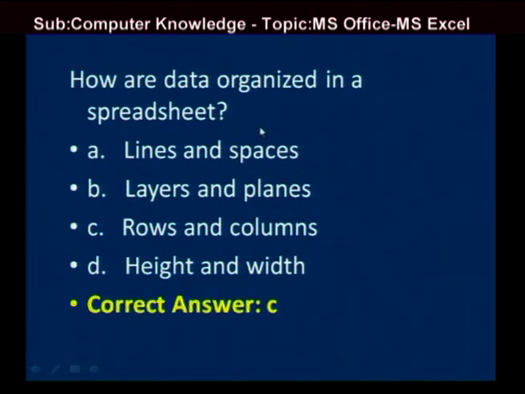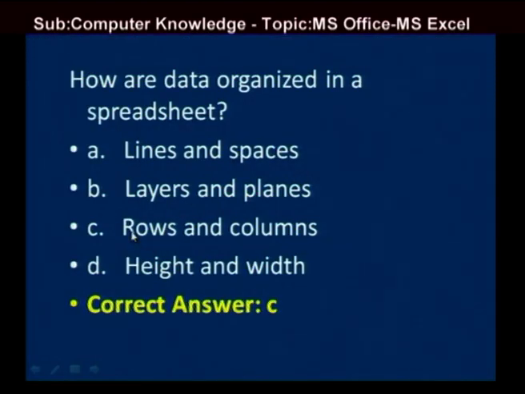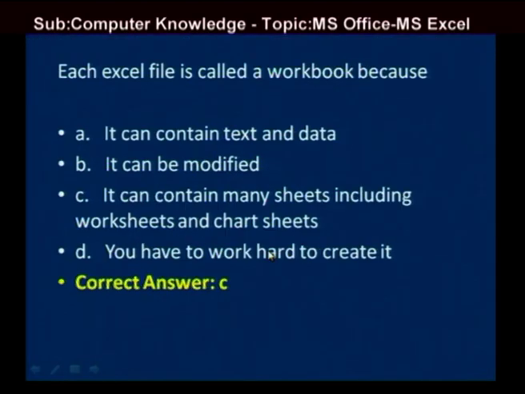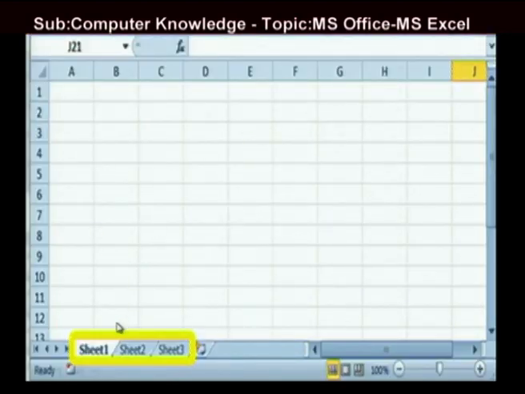Now, which type of questions will they ask about Excel? How is data organized in a spreadsheet? How to organize it? Using rows and columns. The sheet consists of rows and columns, so that is the answer: rows and columns. Next, each Excel file is called a workbook because a workbook consists of a number of sheets.